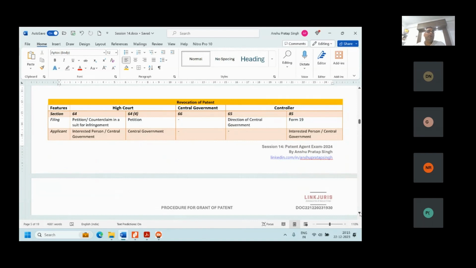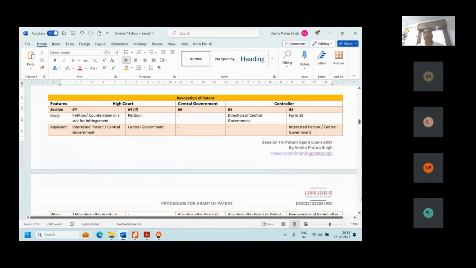First, let's talk about High Court. In High Court, any interested person or central government can file a petition, or under counterclaim in a suit for infringement, revocation can happen. Central government can directly approach the High Court under 64(4) and ask for the revocation.